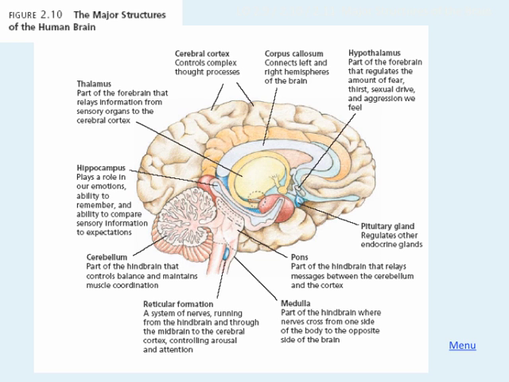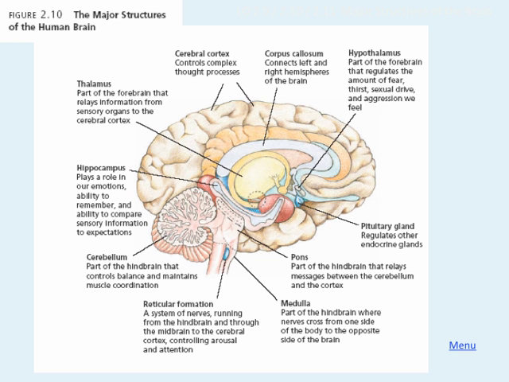The thalamus is part of the brain that relays information from sensory organs to the cerebral cortex. It's the call center of the brain. The hippocampus plays a role in our emotions, our ability to remember, and ability to compare information. The hippocampus is very involved in memory.